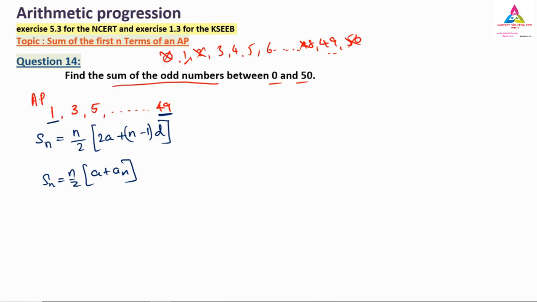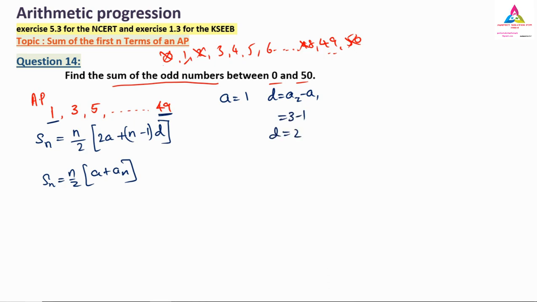But if you think correctly, one thing is missing. What term is missing? See, in this AP, 1, 3, 5 and so on to 49, a is the first term. We know that a value is 1. The d value can be found: a2 minus a1 is nothing but 3 minus 1, which is 2.